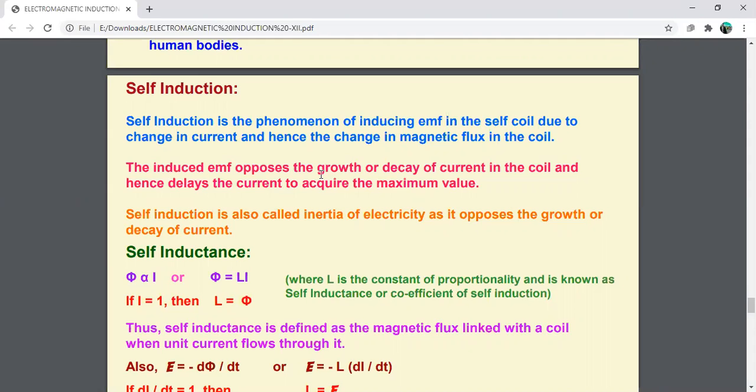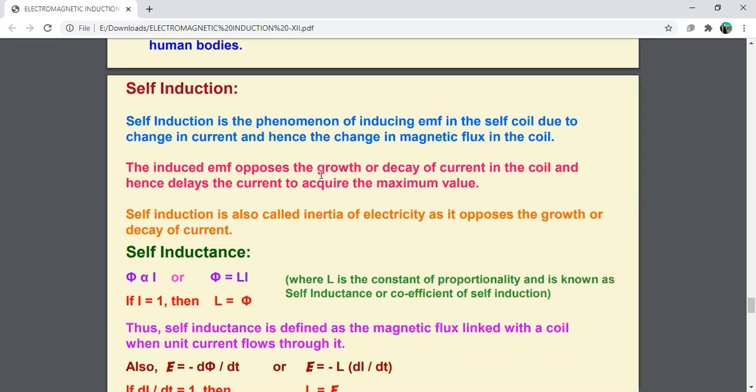It means this opposite EMF that gets induced due to variation of current in the coil itself basically opposes the flow or supply of current from the external source, and hence it behaves just like a resistance, and we call this resistance inductive reactance, because this opposition arises because of induction.